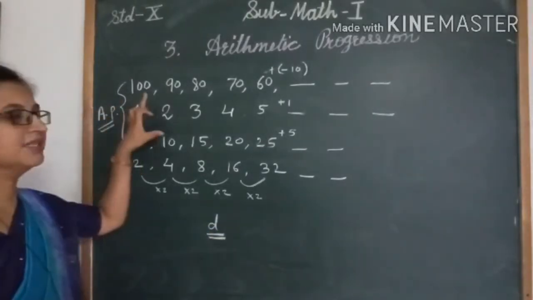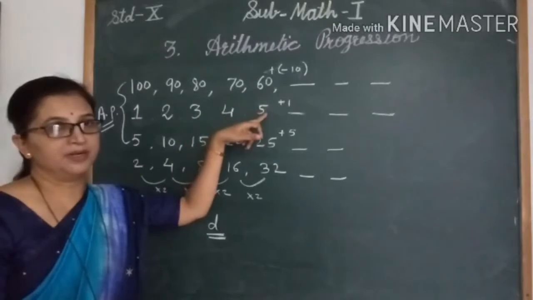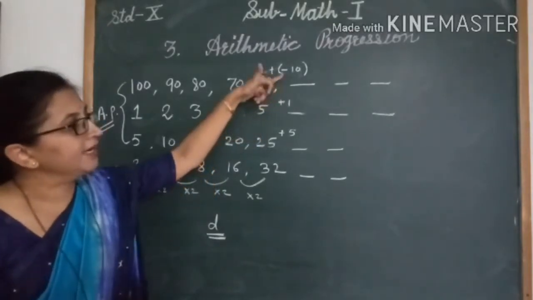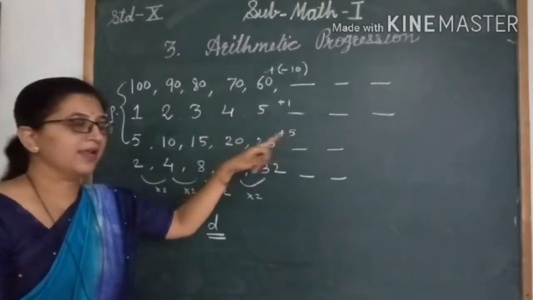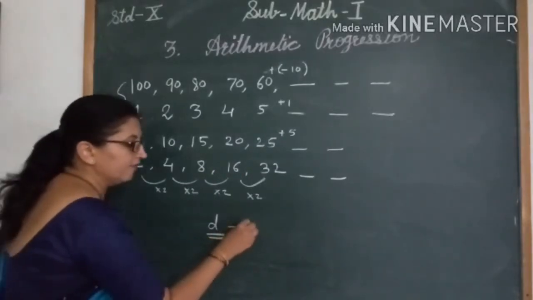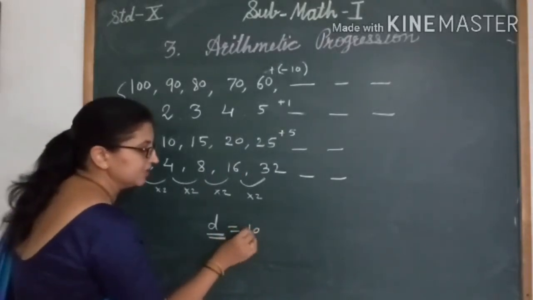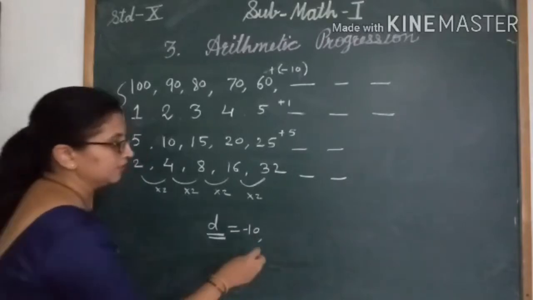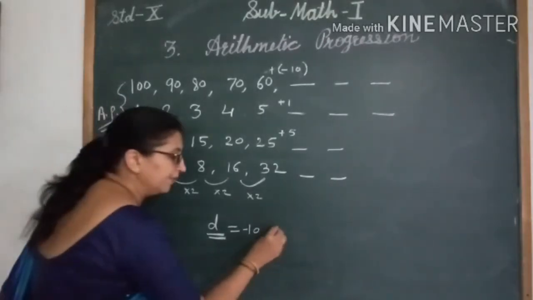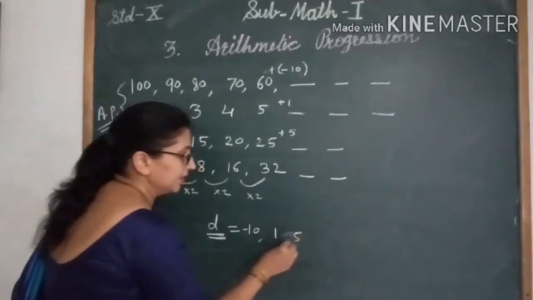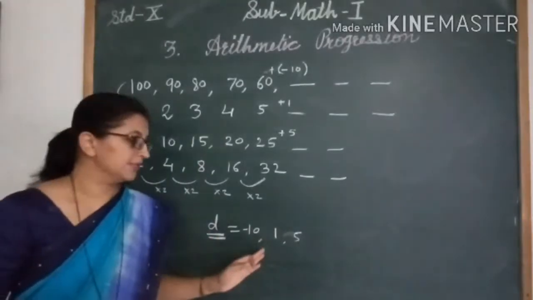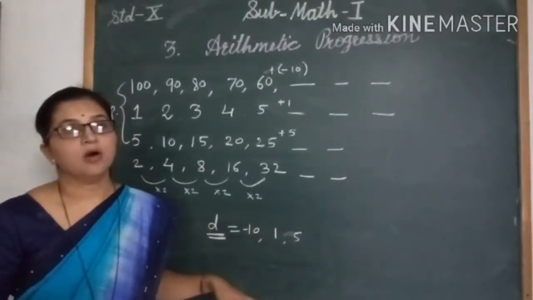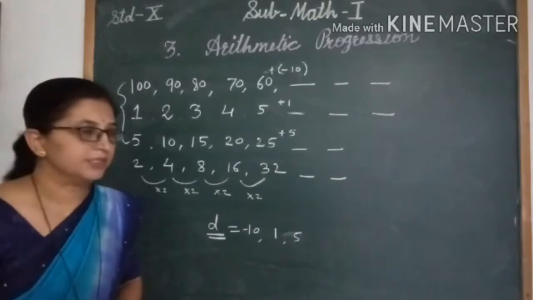In the first 3 examples, we are adding a number: negative 10, 1 and 5 are the values of this d. So this d can be positive or negative, or even 0.